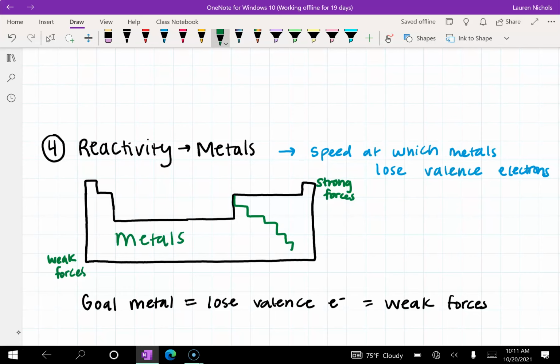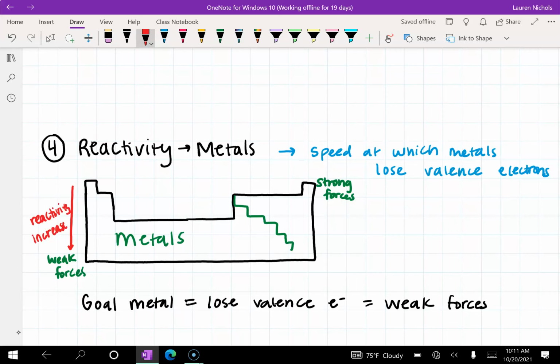But that means when I'm talking about maybe our alkali metals in column number 1, as I go down the periodic table, my forces are getting weaker, which means it's easier to lose those valence electrons. So that tells me that my reactivity is going to increase.